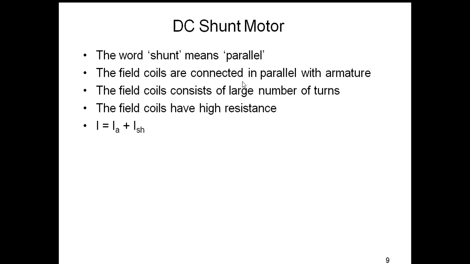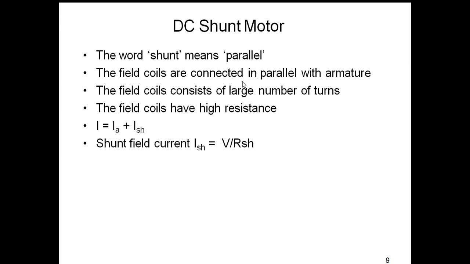The current flowing in the armature circuit is called the armature current, and the current flowing in the shunt field winding is called the shunt field current, represented by ISH.